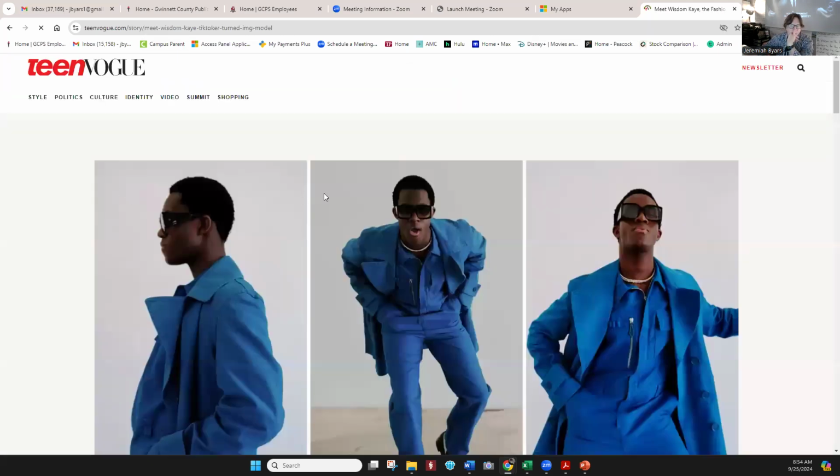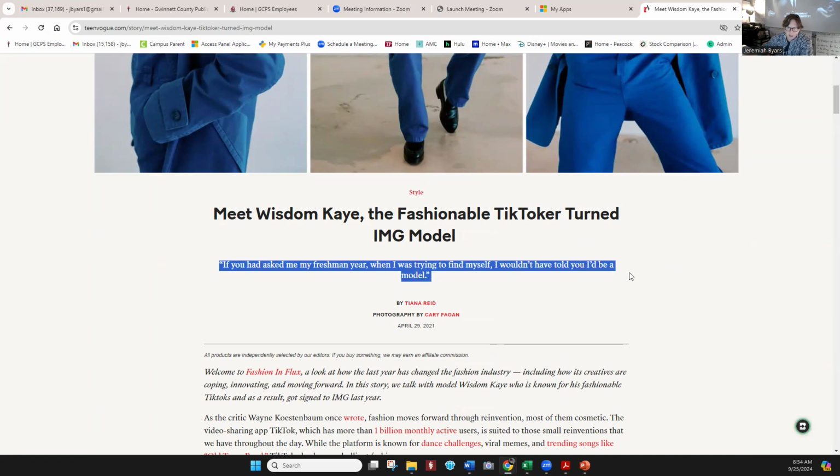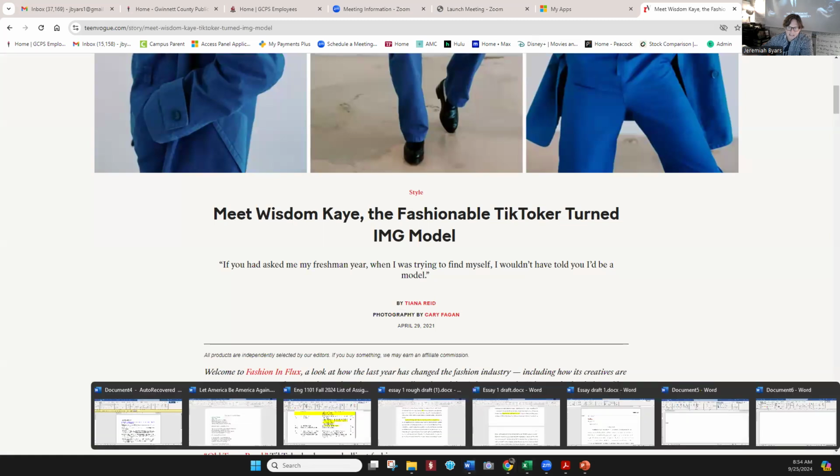Okay, here we go. There it is. Okay. So this is actually an article called Meet Wisdom K, the fashionable TikToker turned IMG model. Here's that quote. If you'd asked me my freshman year when I was trying to find myself, I wouldn't have told you I'd be a model. By Tina Reed, April 29th, 2021. That is the source. So it's actually Tina Reed.